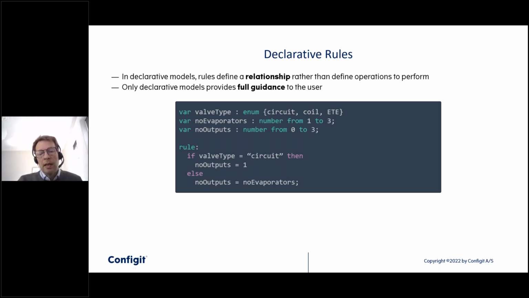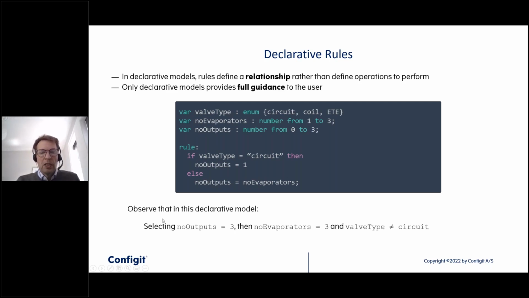I said that when you choose valve type, but of course you don't have to start with valve type. You can choose any value for any of these 3 configuration parameters in any order. So you could, for example, choose that you would like to have number of outputs to be 3. And you can look at this rule and you can start understanding what that means. So number of outputs is 3.